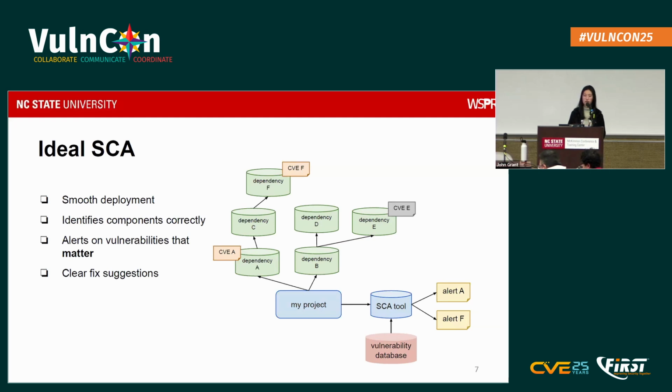Ideally, you want the SCA tool to recognize that and only alert you on A and F. And then once you get those alerts or vulnerabilities, you want some fixed suggestions from the tools. And those fixed suggestions should be actionable suggestions that users can actually act on. So these are 4 characteristics I listed.